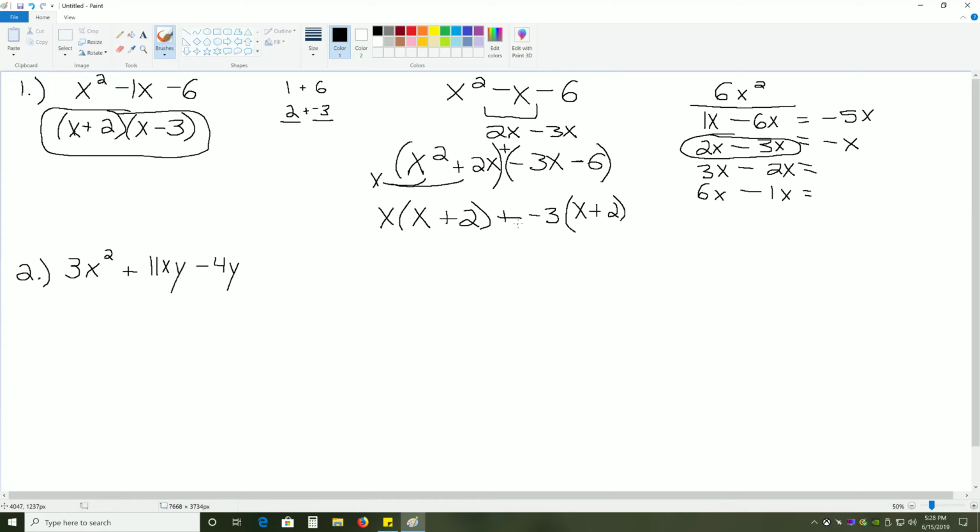And at this point, we now have a common term in parentheses. x plus 2 is common, so we bring one of them down. And then on the outside, we combine the terms that were being added together, x plus negative 3, or x minus 3. And now this is completely factored.